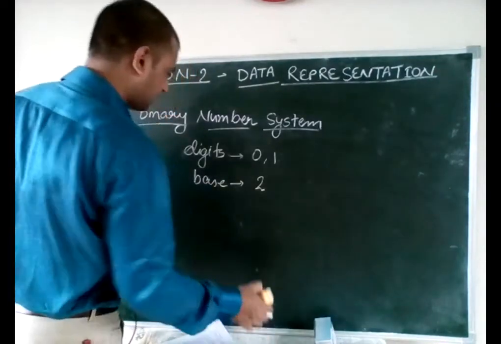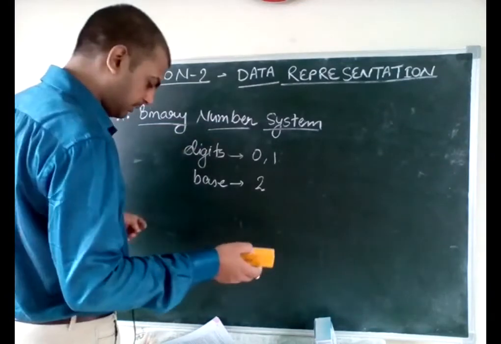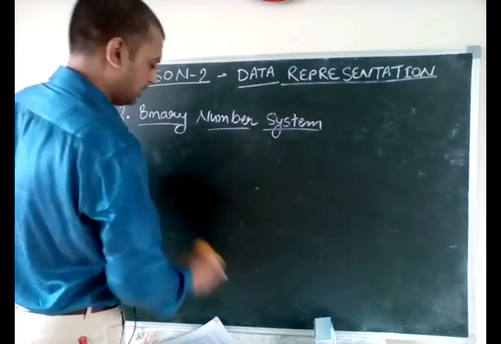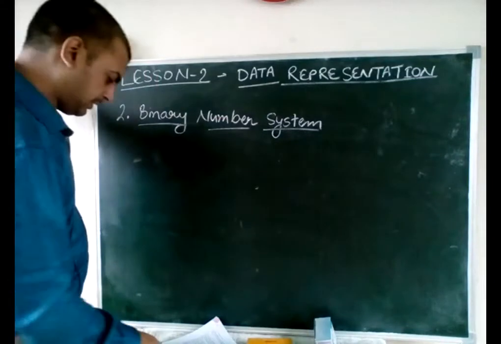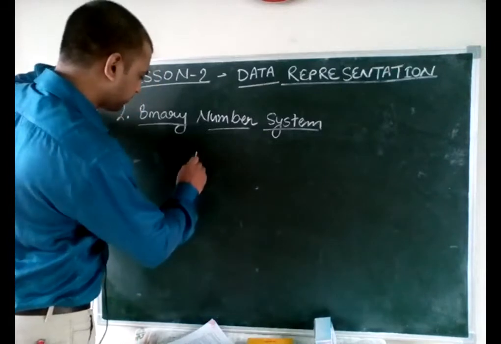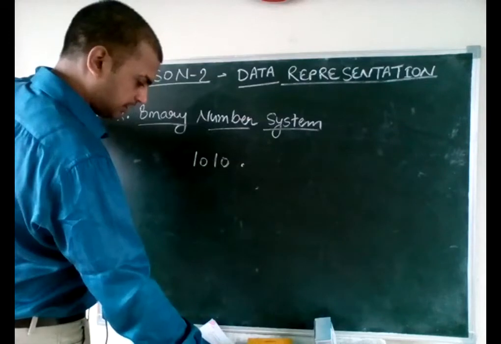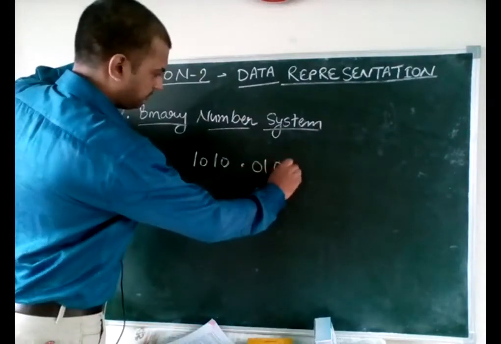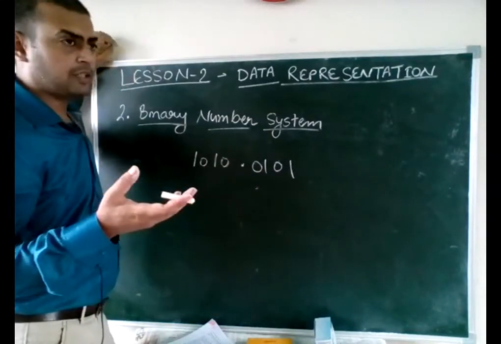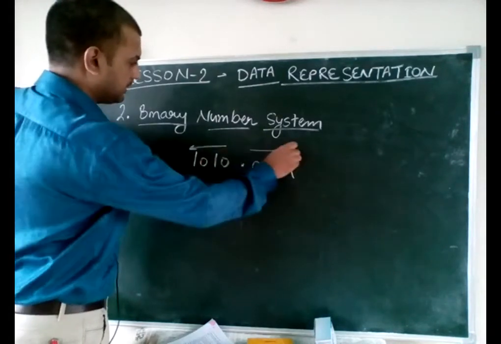So in this binary number system also there is a place value, and that place value or the digits, whatever numbers we have. For example, one number I am taking: 1010.0101. Very similar to the decimal number format, we will increase this side and that side.